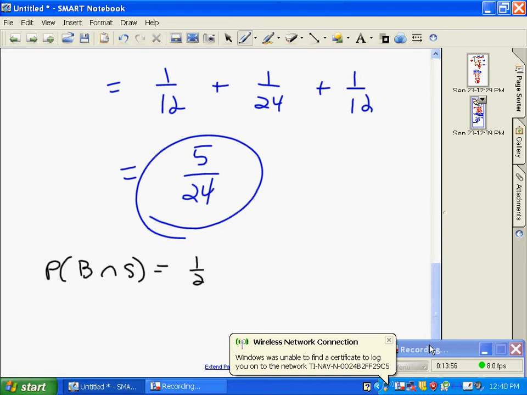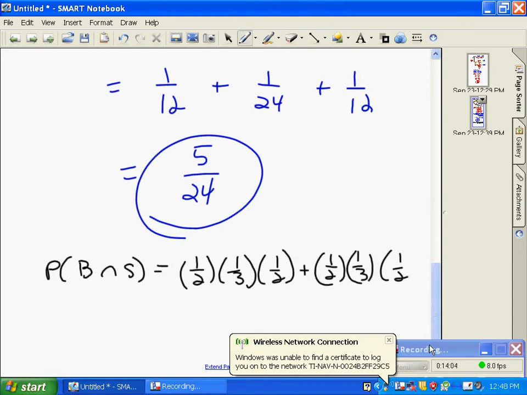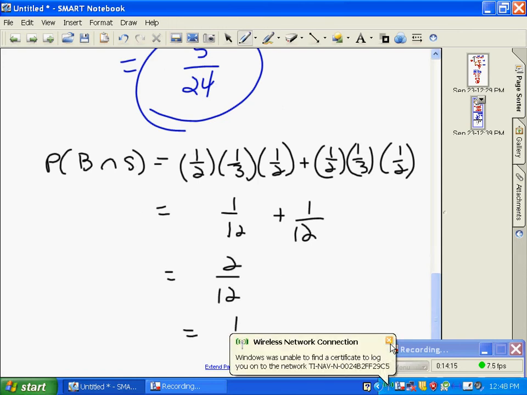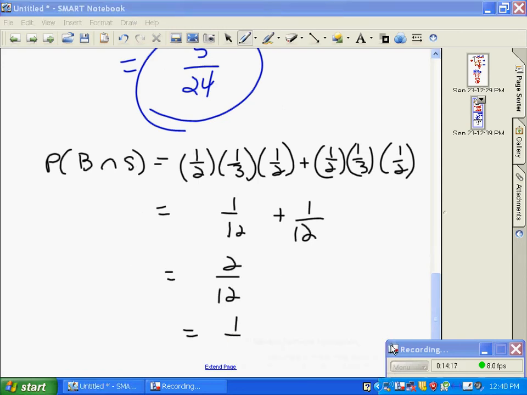That would be 1/2 times 1/3 times 1/2 plus 1/2 times 1/3 times 1/2, and then I add those together. So I get 1/12 plus 1/12, which is 2/12, which reduces down to 1/6. There we go. Okay, that was really a long problem.